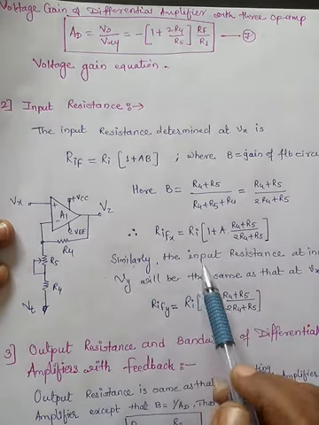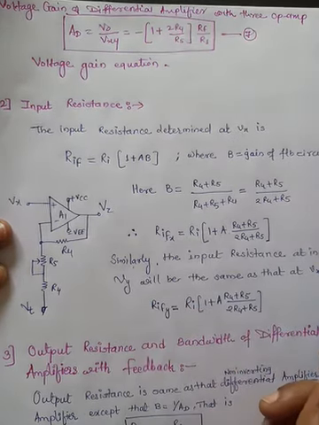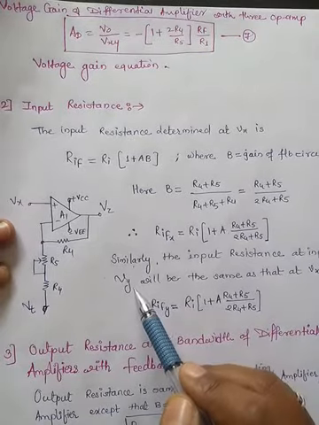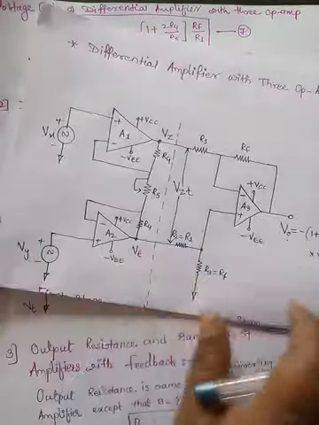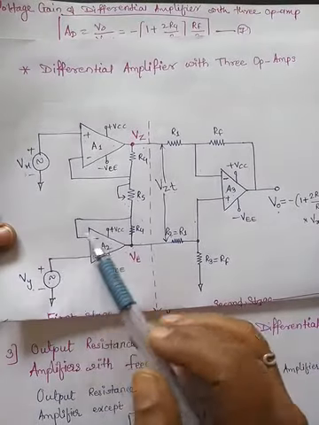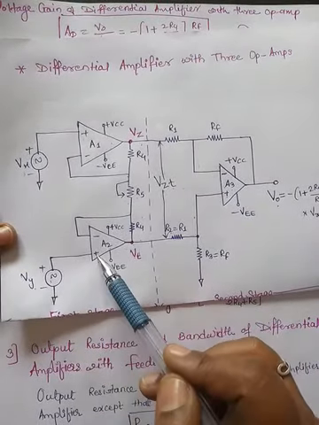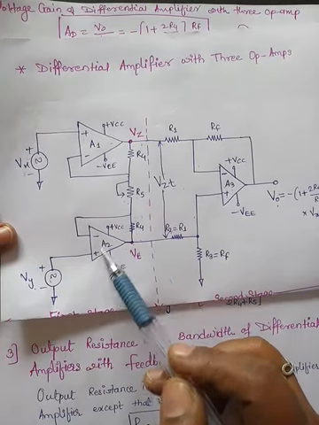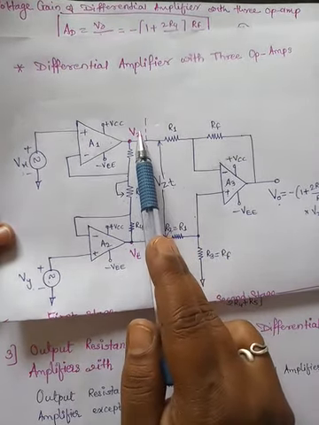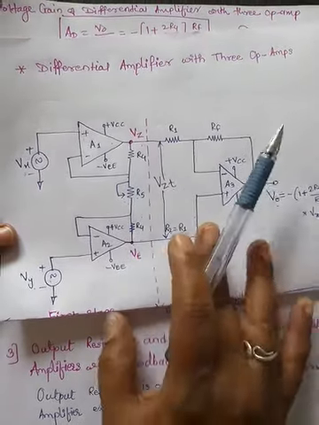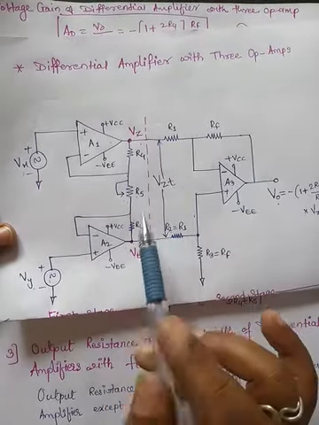Similarly, when we want to determine the input resistance at the input Vy, here Vx is equal to 0. Again the input is given to the non-inverting input terminal and the circuit is not going to vary, only the difference is that the voltage is Vy. So again this is in non-inverting configuration.